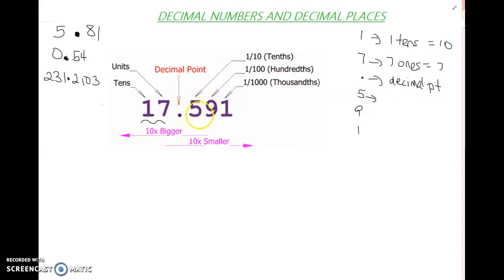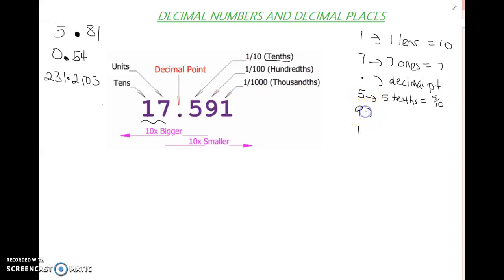Right, decimal point. Let's look at the 5 now. So right after the decimal point, we have tenths, with a TH at the end of the 10. So that's 5 tenths, don't forget the TH, which really is 5 over 10. Then right after, we get hundredths, TH.